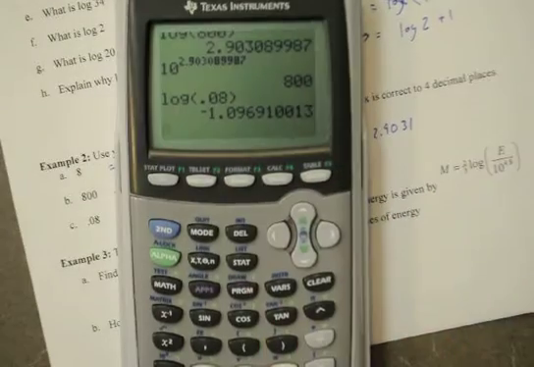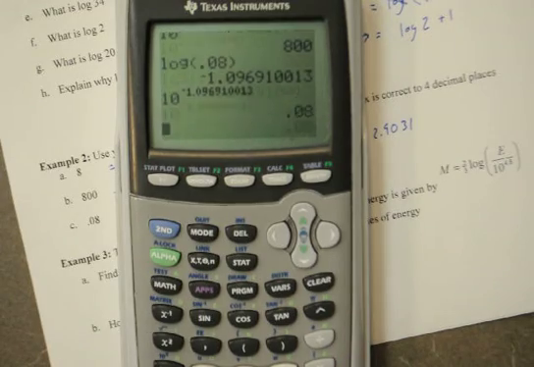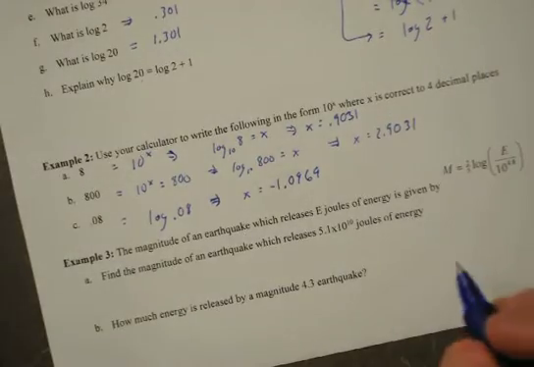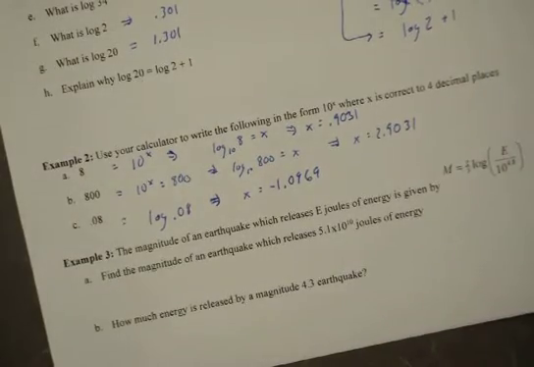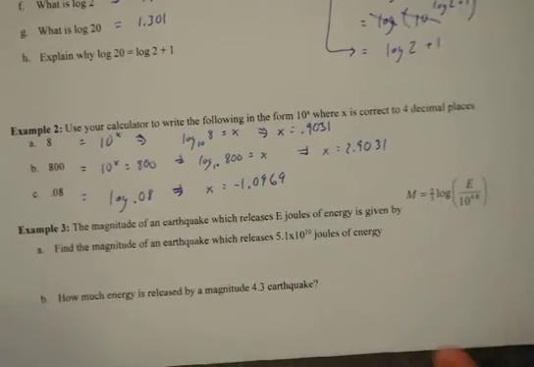And then we'll check our answer. 10 raised to that power is 0.08. Can you imagine doing these calculations where something like this turns out and you don't have the log function on your calculator? Like, I don't even know how you do that.